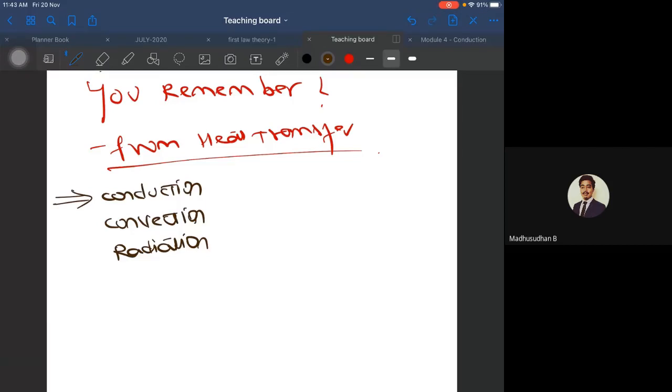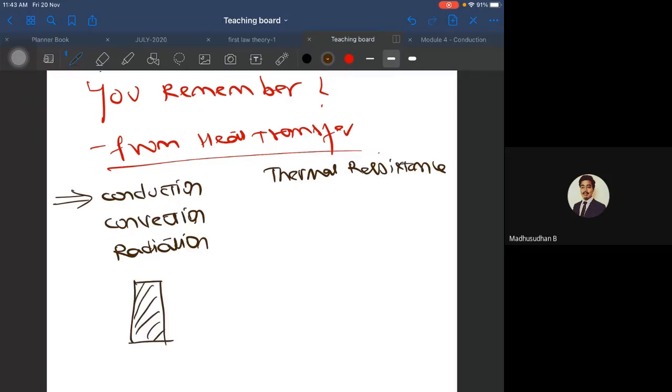So, thermal resistance. Okay, the concept of thermal resistance. So what is thermal resistance? Suppose there is a material like this.